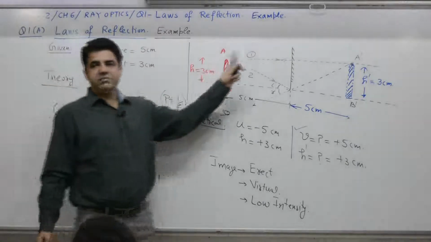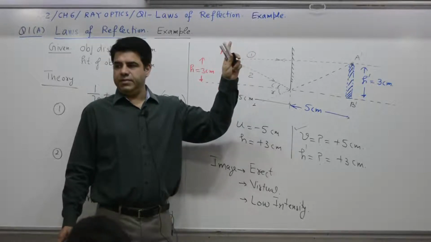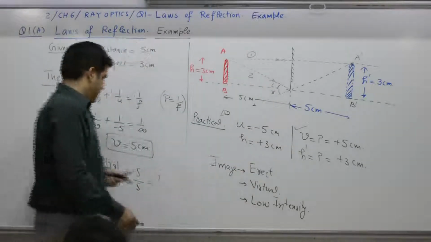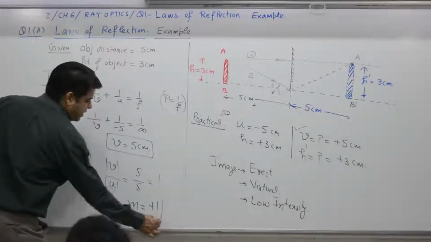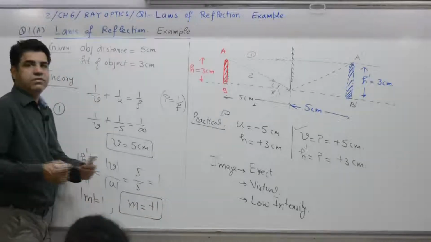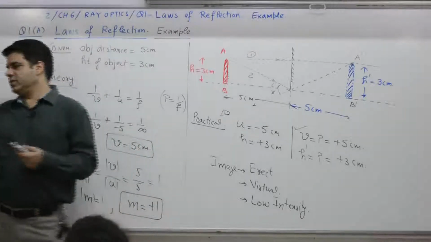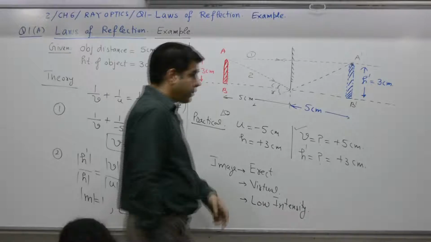Image is how many times the object? 1 time. If it is erect, it is +1. If it is inverted, it is -1. Is it erect or inverted? Erect. 3 minutes with you to write.